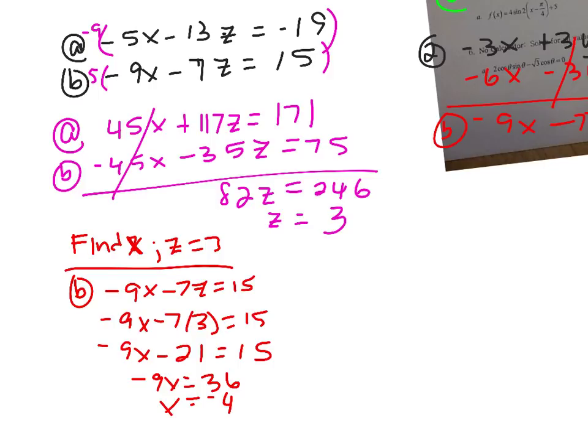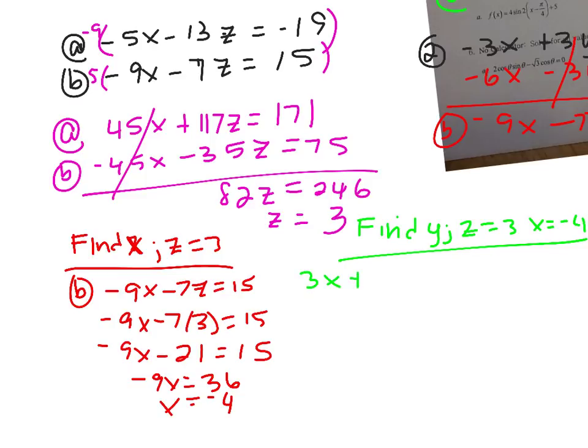Okay, so now we're going to find y. We have z is 3 and x is equal to negative 4. So I'm going to use equation 1, which is 3x plus 4y plus 3z is equal to 1. So 3 times negative 4 plus 4y plus 3 times 3 equals 1.